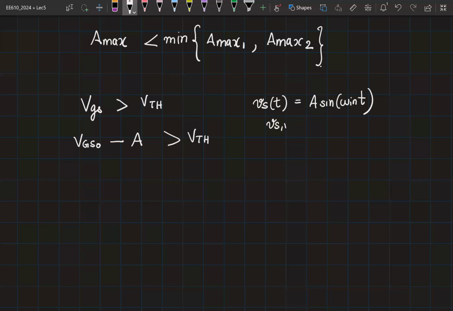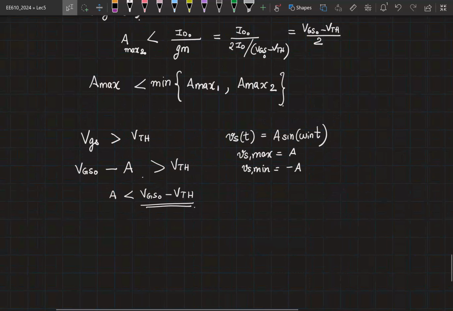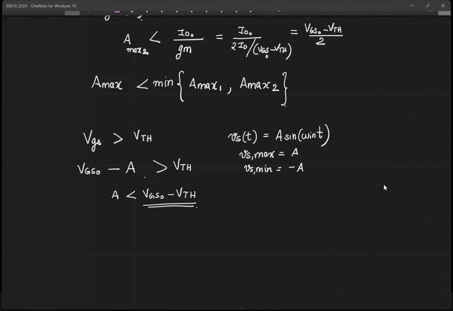Then the Vs max is simply A, Vs min is minus A. So if I want to calculate the smallest possible potential at VGS, that will be VGS0 minus A. This has to be greater than VTH. This gives you the condition that A has to be lesser than or equal to VGS0 minus VTH. So you're getting two different conditions. Which of them is correct? Where are we going wrong? Take a minute, feel free to discuss and then answer.